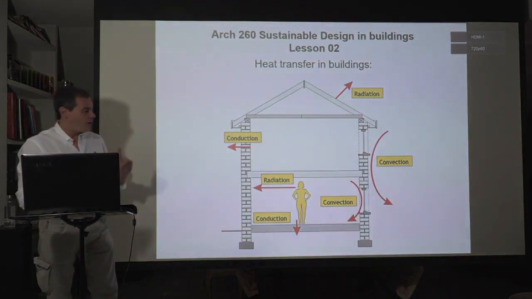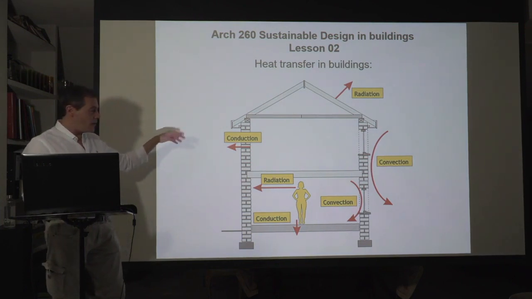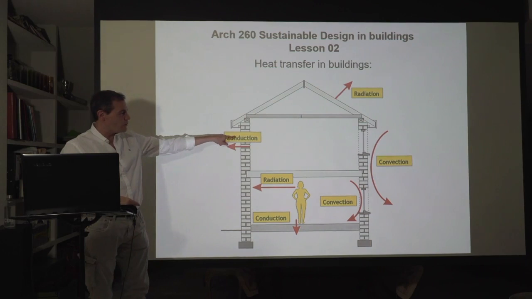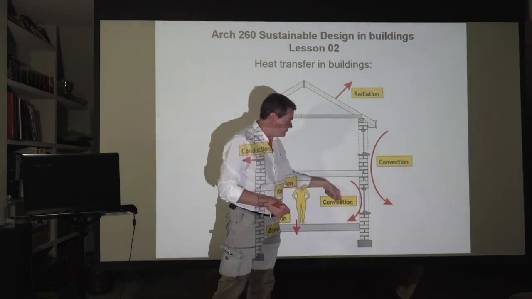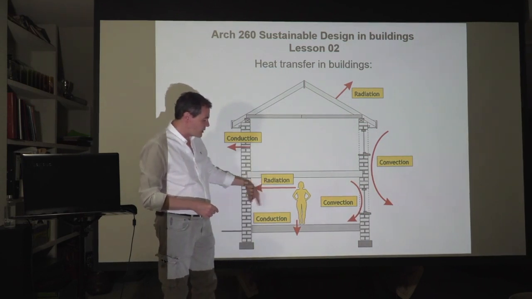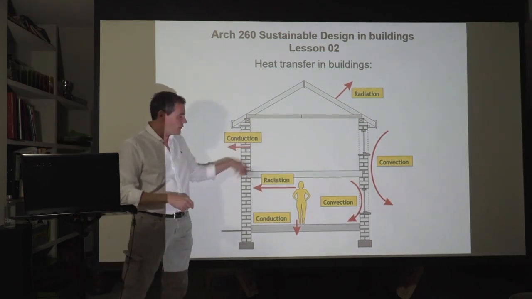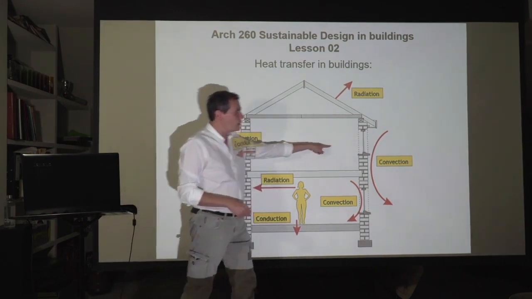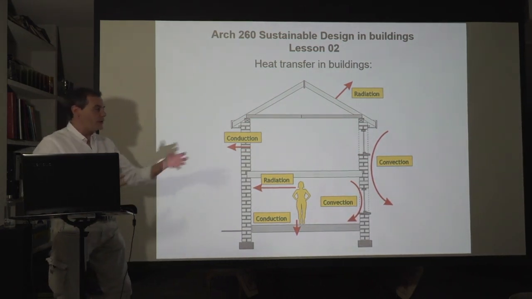On this slide we are explaining the same thing. We have the house, we have a wall, so we have conduction through the wall. We have convection, because the air is moving, as you saw in my drawing. And we have radiation, especially if we have windows, the solar radiation can enter the building.